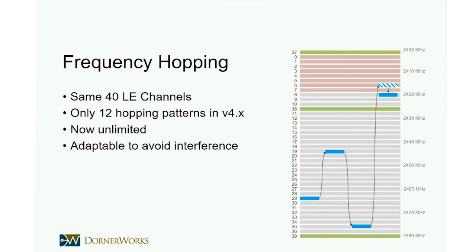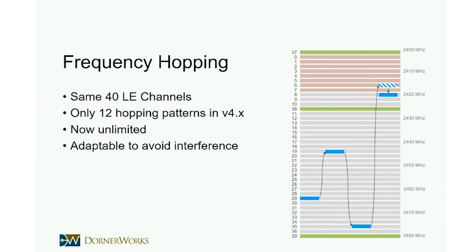But there were really only 12 possible patterns. In version 5, they made that a lot more intelligent and made it pseudo-random channel hopping. So now you have unlimited patterns, and that really helps reduce the amount of noise and a lot of collisions that you would have. If you look at an example, at the first connection interval you're on 29, the next one's on 19, the next one's on 35, kind of follow the arrows around.